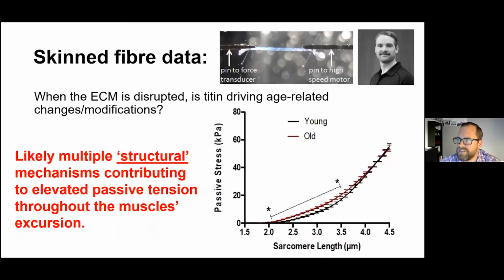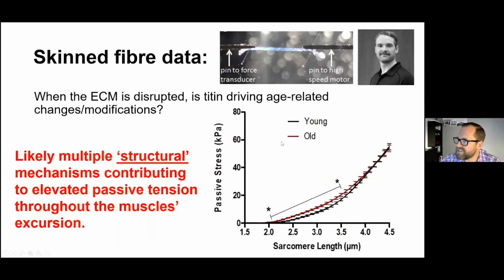So back to some of this skinned fiber data in humans. One of the themes I'm trying to get across here in this presentation is that there are likely multiple structural mechanisms contributing to elevated passive tension throughout the muscle's excursion. So when we're trying to identify reasons for increased passive tension at the joint level, there are likely other factors at lower hierarchical levels that could also be contributing.